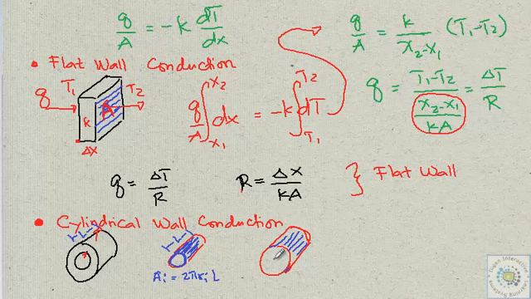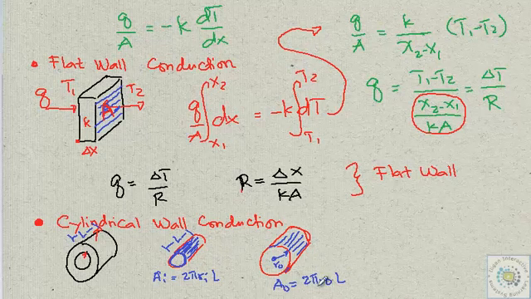The inner radius is Ri, and the outer radius here is Ro. The area where the heat needs to pass through will then be equal to 2 pi Ro, the circumference of this circle, times the length L.